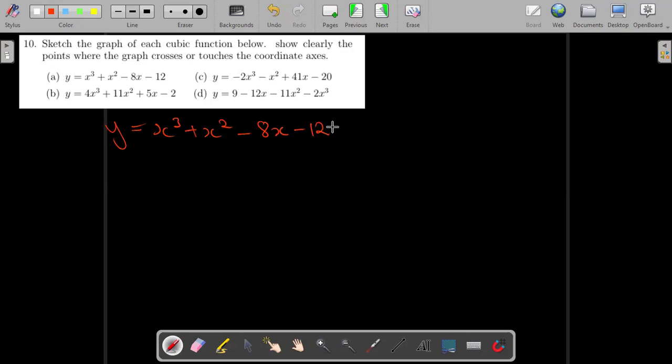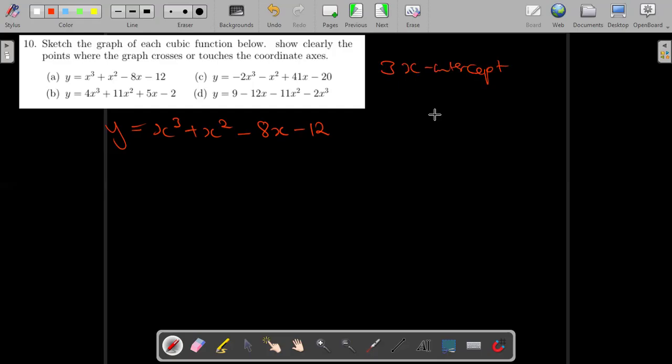So how many x-intercepts will it have? 3. So it will have 3 x-intercepts. These are the points where the graph is going to cut the x-axis. The maximum you have is 3, but we'll see that that's not always the case.